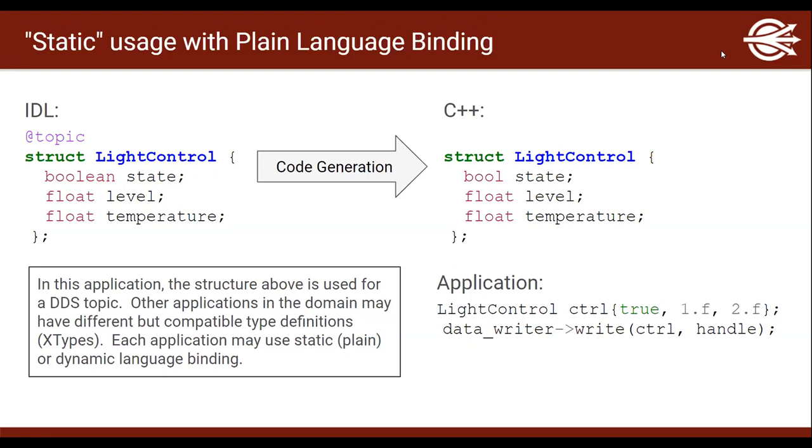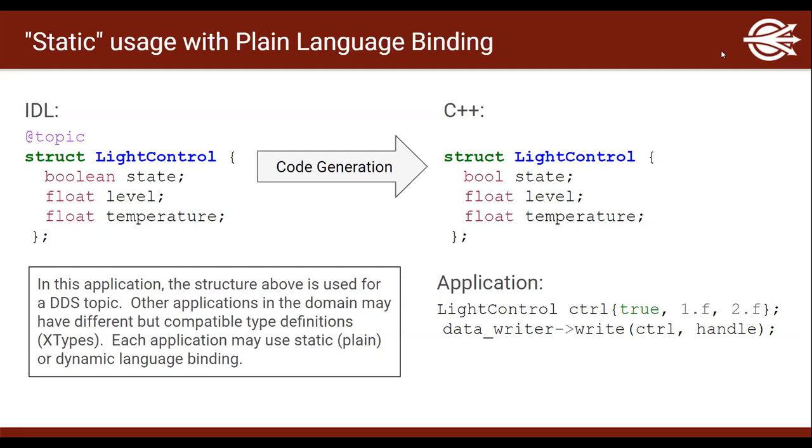You can adjust its intensity and you can adjust its color temperature. Code generation allows that to be converted to a C++ type, which essentially resembles the same struct. But there's also an additional piece of metadata called the type object, which is then made available to the middleware so that it can publicize that in discovery.